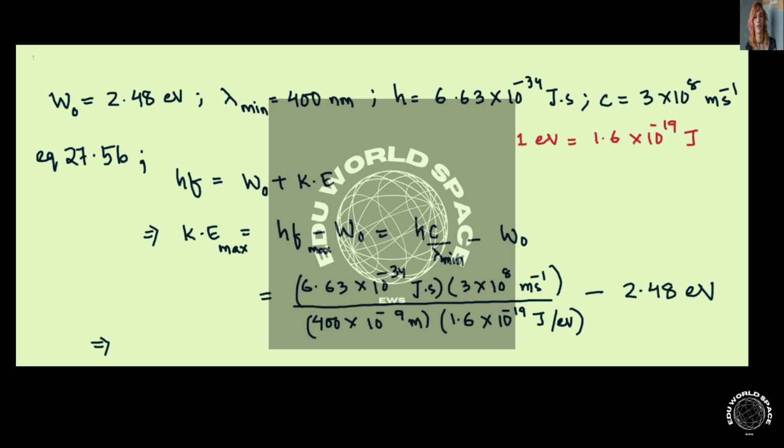Now we can then solve this whole equation, and we get K maximum to be 0.68 electron volt.